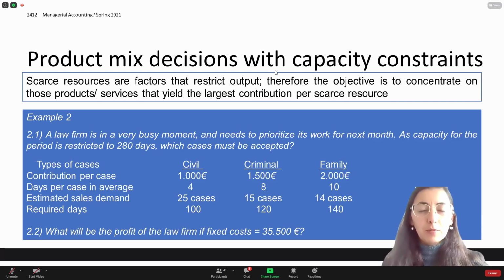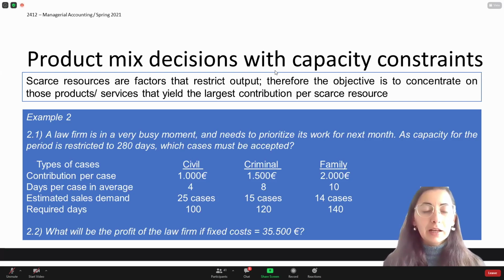So for each type of service, we will calculate the contribution per scarce resource, the number of days in this example. For civil it would be 1,000 euros divided by 4. For criminal, 1,500 divided by 8. And for family, 2,000 euros divided by 10. Then we compare the contribution margin per scarce resource.